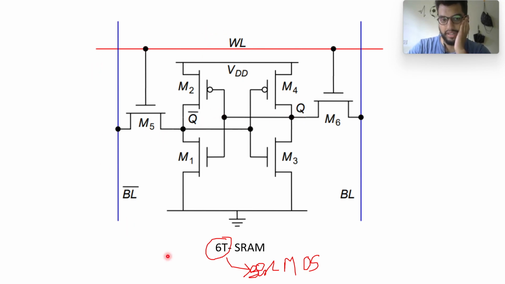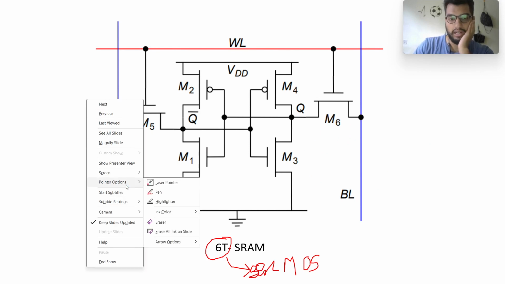Due to the symmetric nature of the architecture, this data is stored in complementary fashion, so Q and Q bar. If it is storing 0, here it will be 1. If it's storing 1, here it will be 0. And these storage nodes, Q and Q bar, are connected to the bit lines BL bar and BL via access transistors.